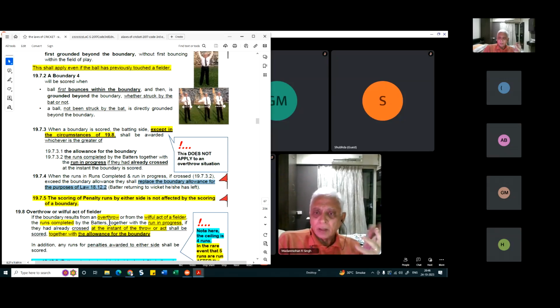Quite naturally, because now that I have crossed for the fifth, this position has to be retained. I have given 5 runs and I must retain the 5 run position also. So this is what this particular law means.